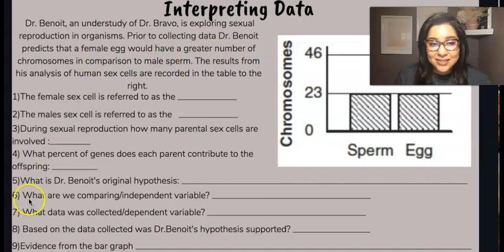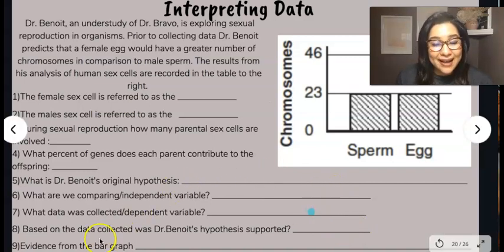For 6, we are comparing egg versus sperm, so the type of sex cell, that's the independent variable. And for number 7, the dependent variable is the number of chromosomes. For number 8, based on our data table, Dr. Benoit's hypothesis was not supported.